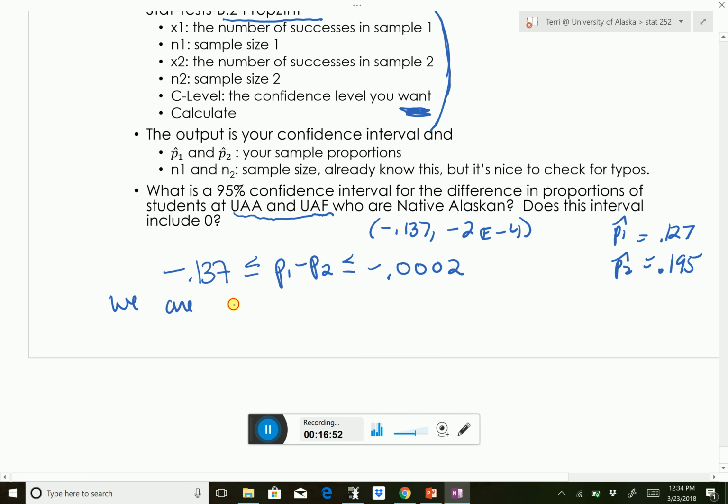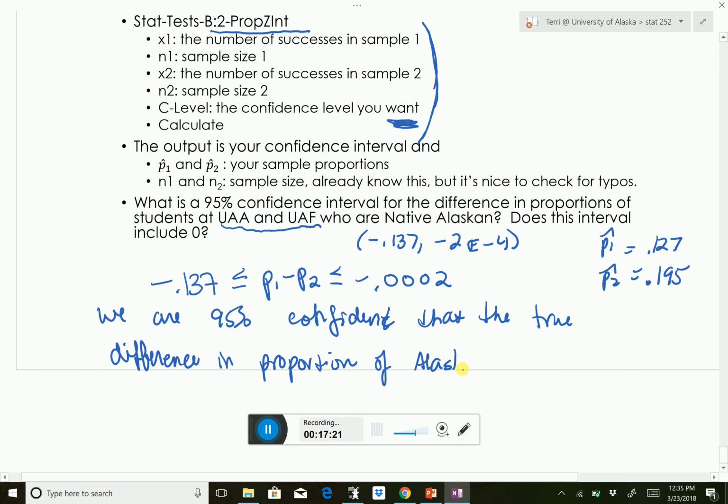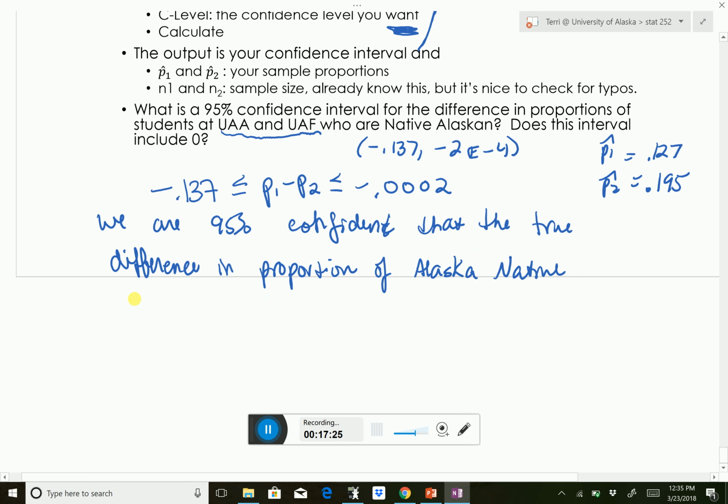So we are 95% confident that the true difference in proportion of Alaska Native students at UAA and UAF is between -13.7%.